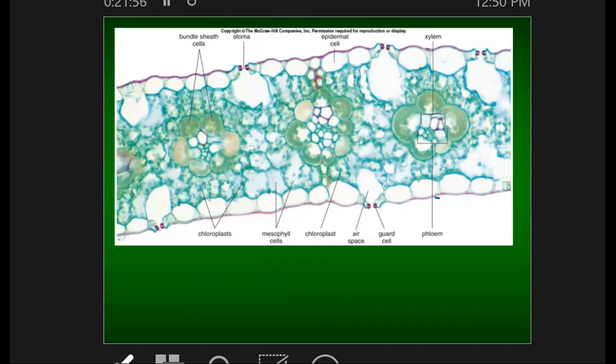And the way I can tell right away, I go, I think this is a C4 because the bundle sheath cells, you know, back there, they're full of chloroplasts. That's a dead giveaway that you're looking at a C4 because they really beef up their bundle sheath. All plants have a bundle sheath around the vein, but these are really big and have lots of chloroplasts.